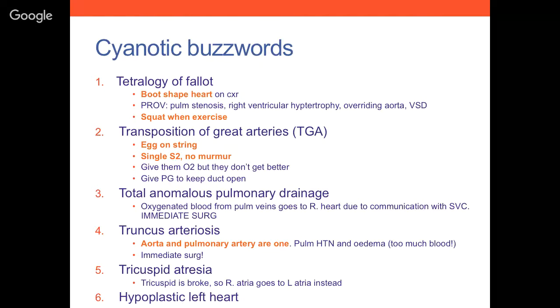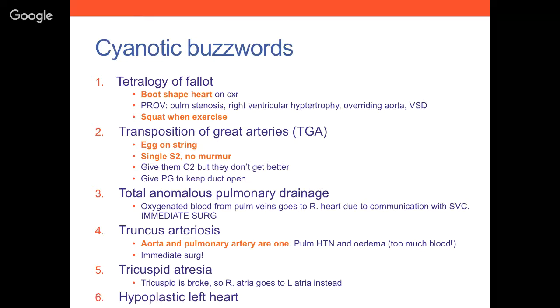So just to really quickly reiterate the buzzwords, we've got tetralogy of Fallot, which has the boot-shaped heart. The blue guy at the top gets booted out: low heart ejection, squatting. Then TGA, like the two arteries fighting against each other. Everyone's dead silent because there's no murmur. There's egg-shaped because everyone has an egg fight afterwards.